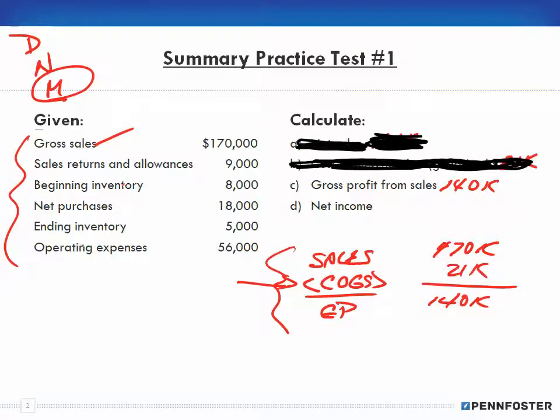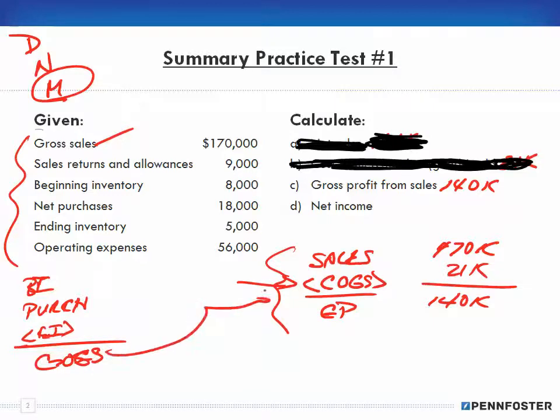So you'd have to go back and do what we did in the video for letter B in figuring out the cost of goods sold. You need to take your beginning inventory plus your purchases, less your ending inventory, to get your cost of goods sold, in order to plug that number into the formula, which is that $21,000 there.